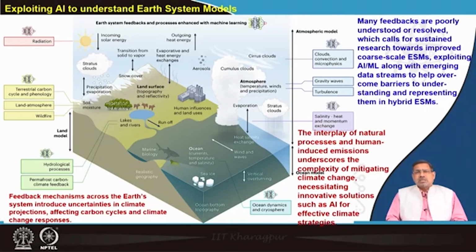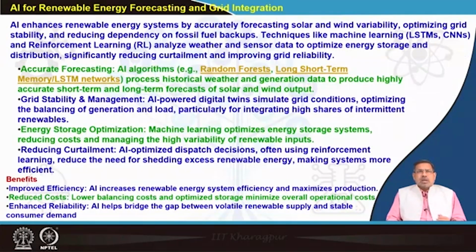That necessitates innovative solutions such as artificial intelligence for effective climate strategies. So in a nutshell, we need contribution from AI, which deals with a lot of data, in terms of large data analysis that helps in better understanding the Earth system models.